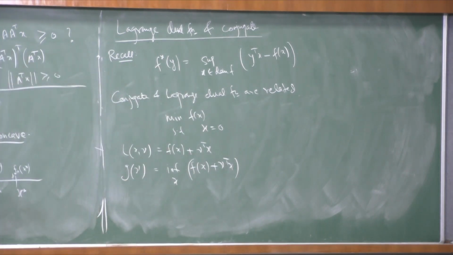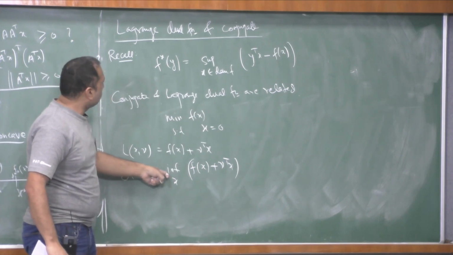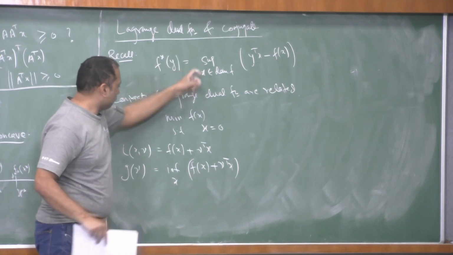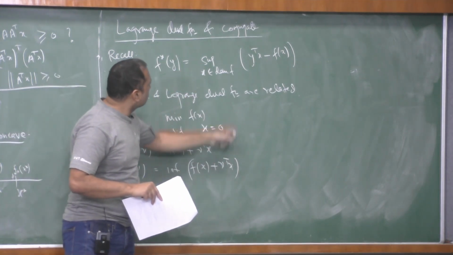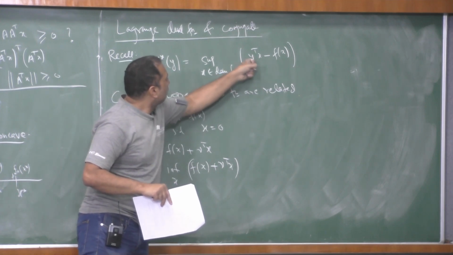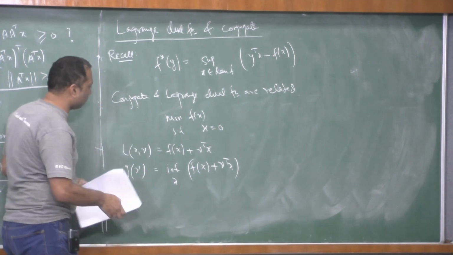Okay, so we want to do the infimum, and we want to relate this to the conjugate. To relate it, maybe we want to change infimum to supremum somehow, by rearranging things. Nu transpose x seems to be identified with y transpose x, so there seems to be some relation between y and nu.